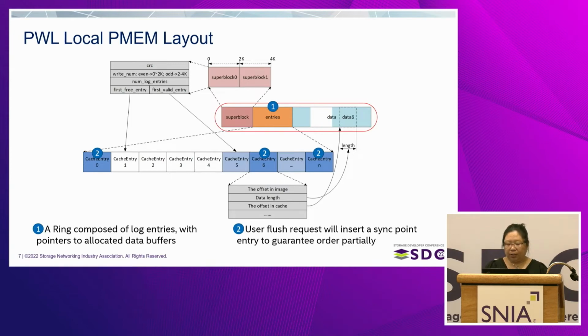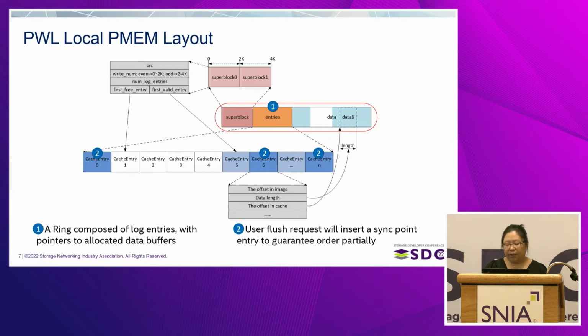And for the entries, there are several cache entries in the entries part. Each entry saves the following information: the offset in the image, the data length, and the offset in cache. The offset in cache means where you save the data in the cache file.